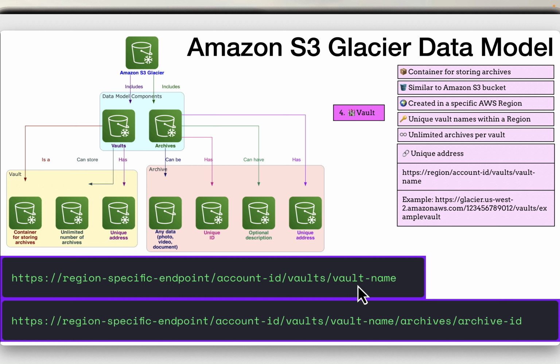Because it's part of your account ID, this will be a unique global address, so it will not conflict. You can have as many vaults as you like, but you cannot create two vaults with the same name. And finally, this is how the archive looks. I will be covering this in the next section on archives.